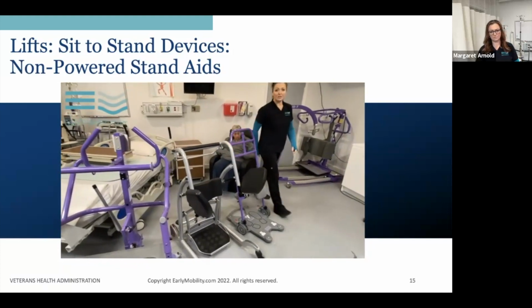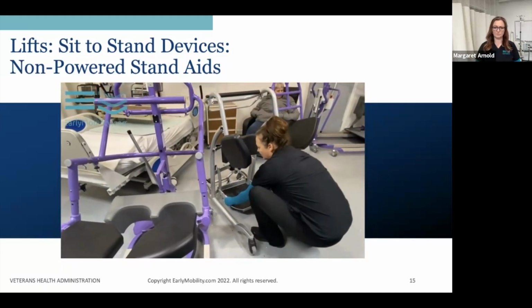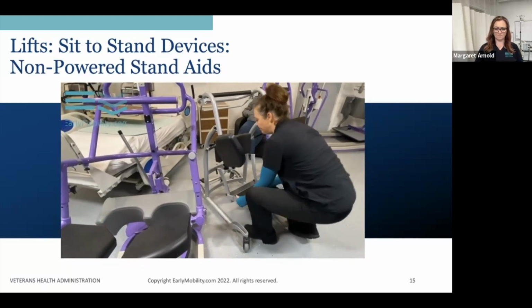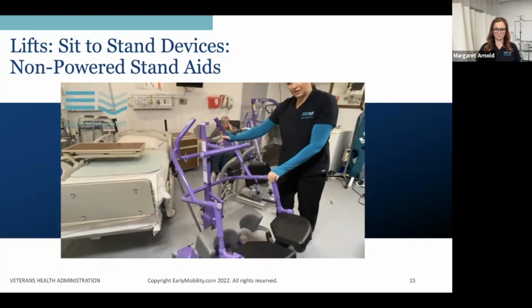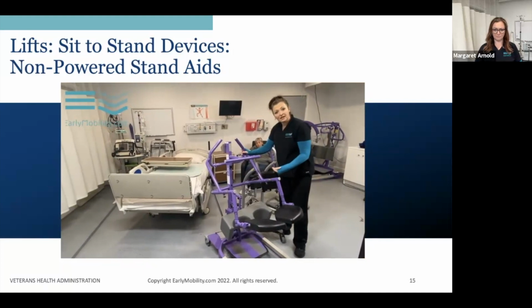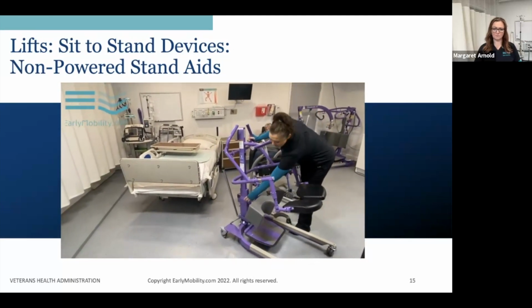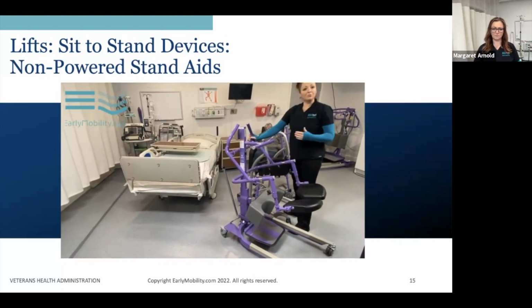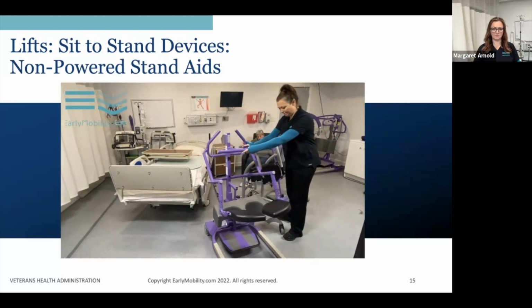You also want to know if the foot plate comes off. On this one, the foot plate is removable. On this device, this is also a non-powered stand aid, and the foot plate does come off on this one. Slightly different mechanism you can see here, but we're not going to take it off for the purposes of demonstration.